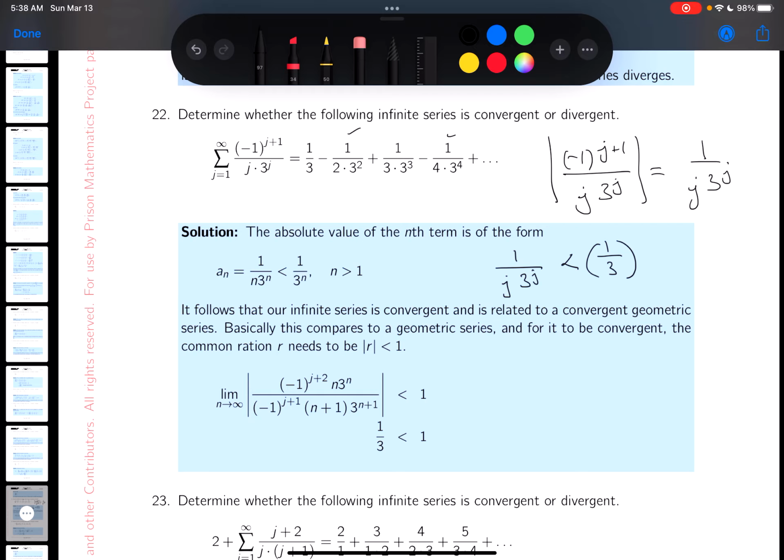I'll still use J. I hope you can convince yourself that that's true. Now, if you can't, let's go through that. If I simplify that, everything's a positive term, so what would you get? Let's write this down. You would get 3 to the J over J, 3 to the J, less than 1.